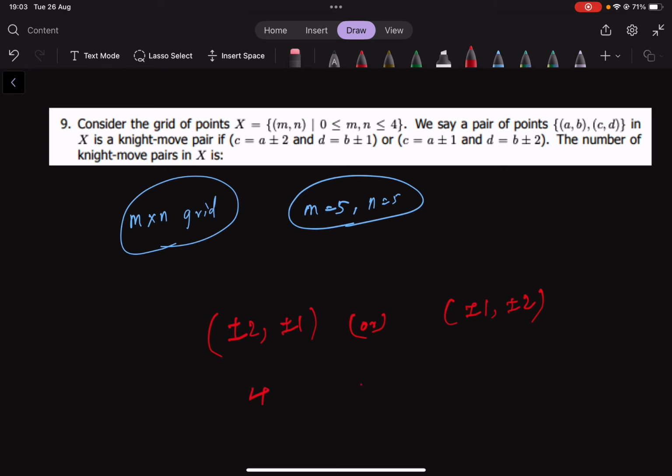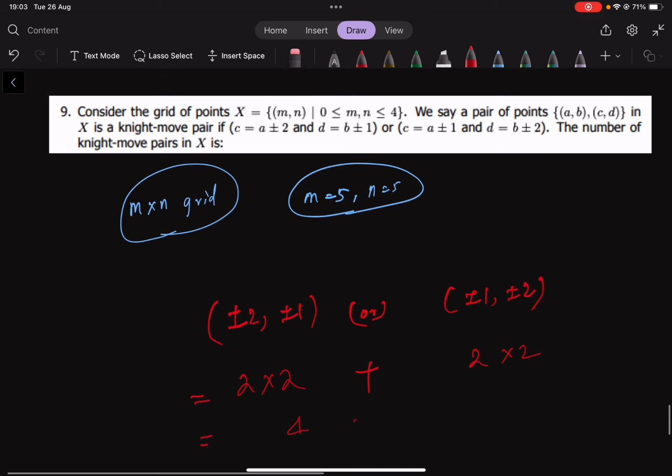Here we get 4 by the multiplication principle, and 4 plus 4 is 8, using the addition law. So a knight can move in 8 ways, and counting them separately we get 8.